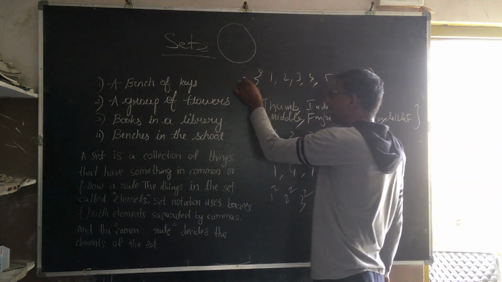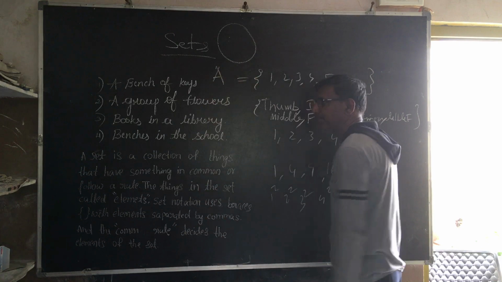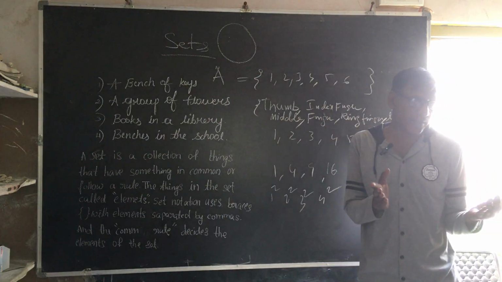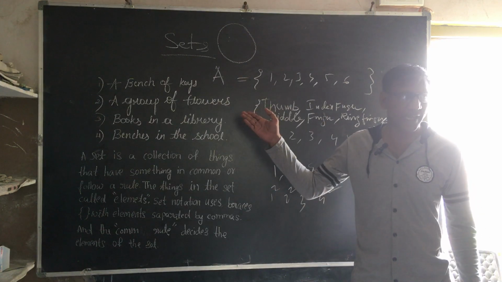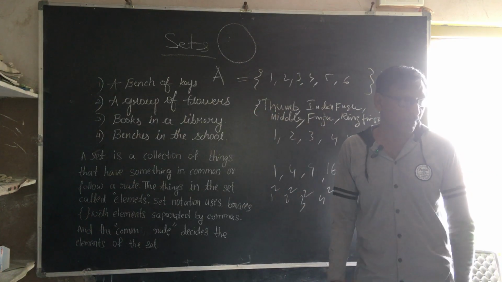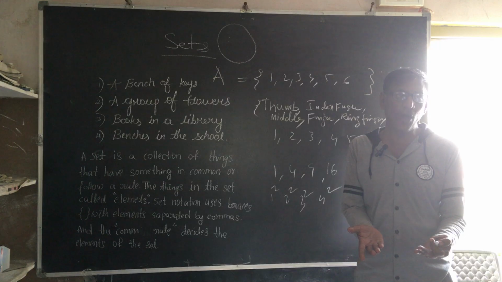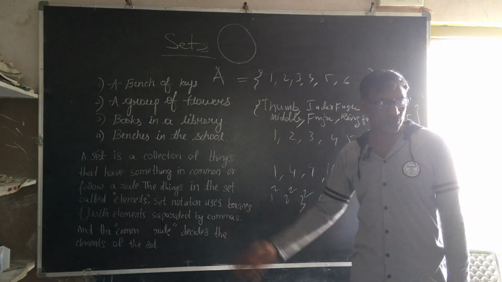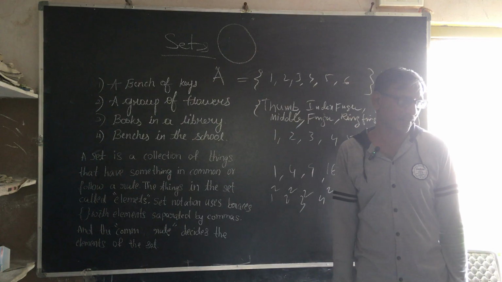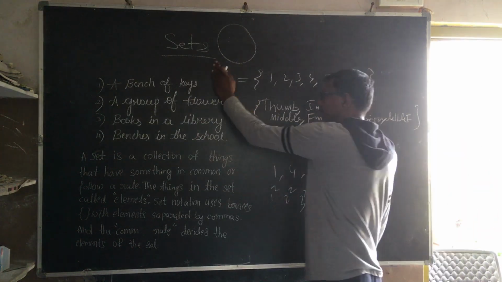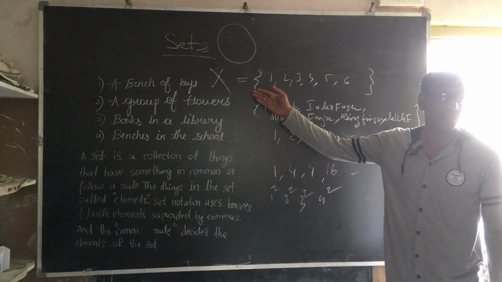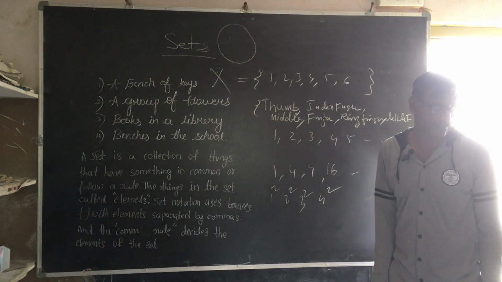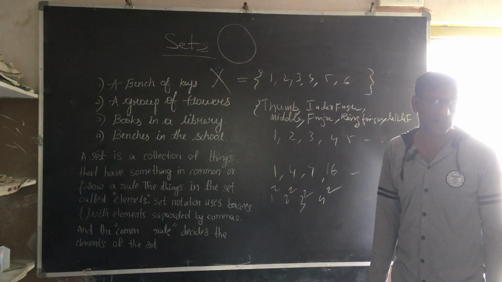And a set is denoted with a big letter A or big letter B, capital letters. You can use C, you can use X, we can denote it with capital X, capital Y, capital Z and so on. Am I clear or not?